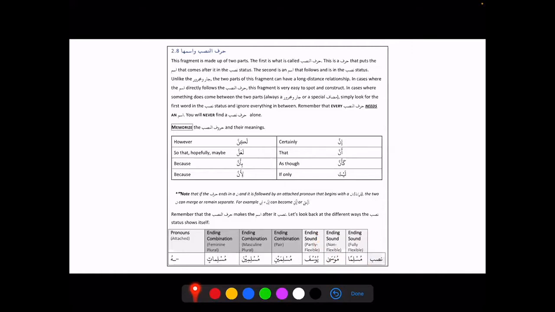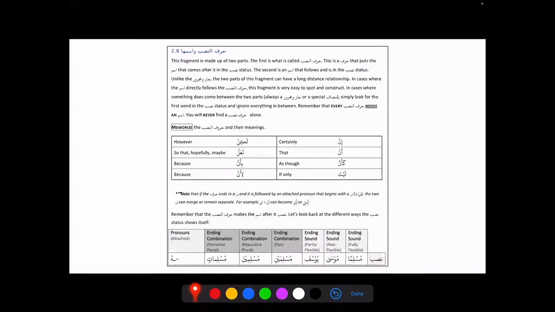Then ending sound again, and this is partly flexible. The example is Yusufa. So Yusufa is nasab in status. Even the jar status would be the same, Yusufa. Then ending combination. So muslimaini, muslimani, muslimaini, right?